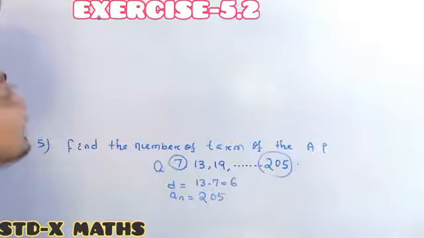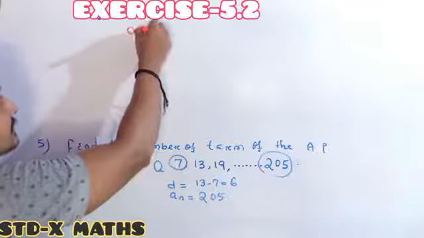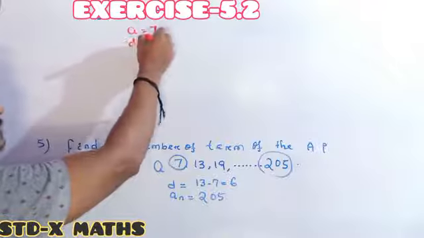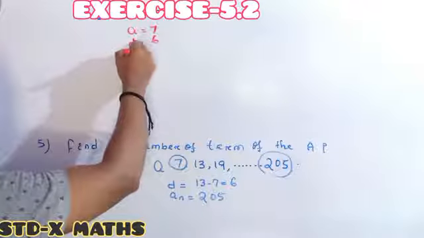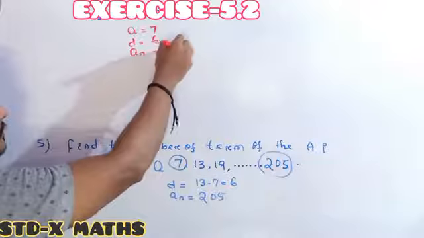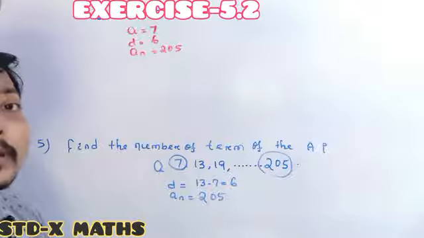So one thing is clear, everyone see: A is given as 7, D is given as 6, AN is given as 205. You just have to find out the number of terms.